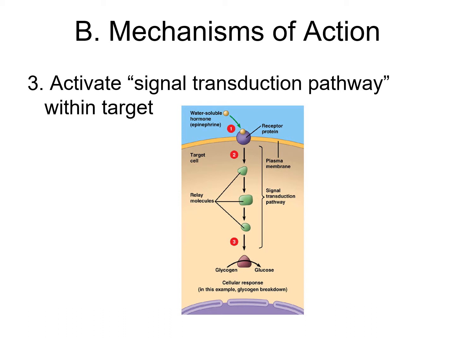This is based on an animal example because the hormone is epinephrine. The goal, I guess, if you could say here, is to get this cell to convert glycogen to glucose. And that is a reaction that's catalyzed by an enzyme. But the enzyme is currently in an inactive form. So we have to activate that enzyme. That's the job of the hormone.